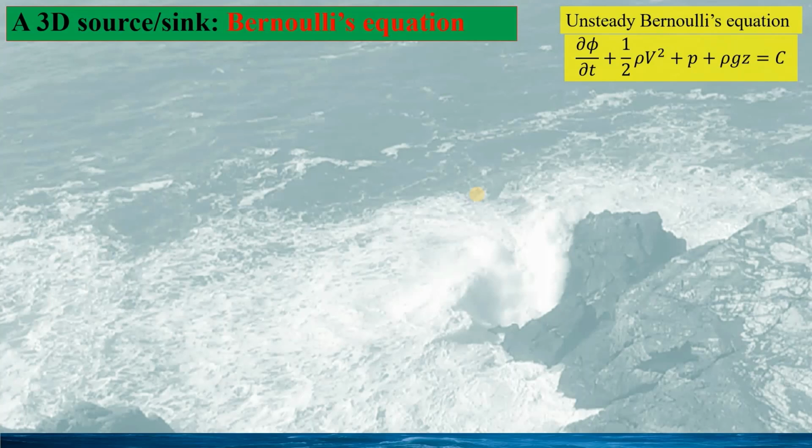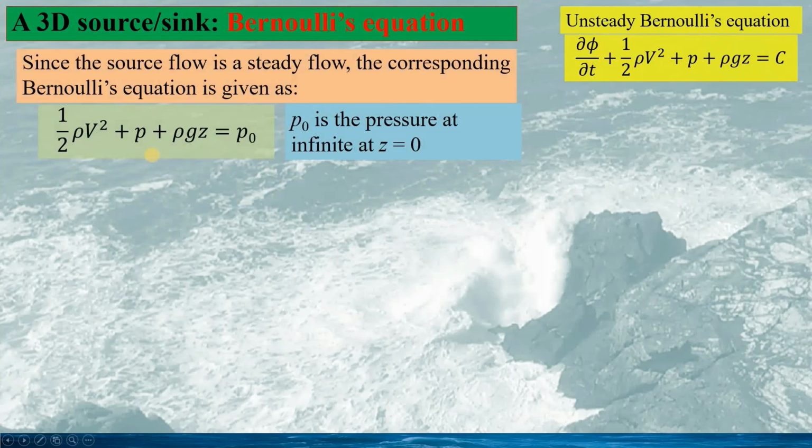Now in the last slide, we will apply Bernoulli's equation to the 3D source flow. The general unsteady Bernoulli's equation for potential flow is given as this. The first term on the left-hand side is the unsteady term. Obviously, the 3D source flow is steady, so the first term disappears. Then Bernoulli's equation for the source flow would be given as this.